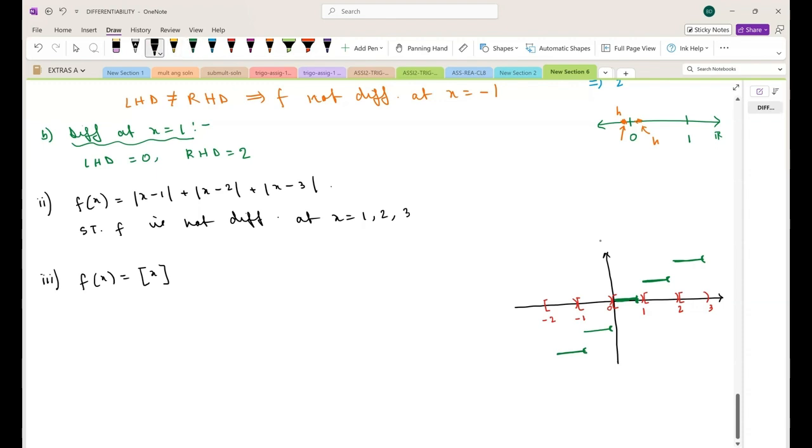And the graduations on the y-axis is, this is 1, this is 2, this is minus 1, this is minus 2.